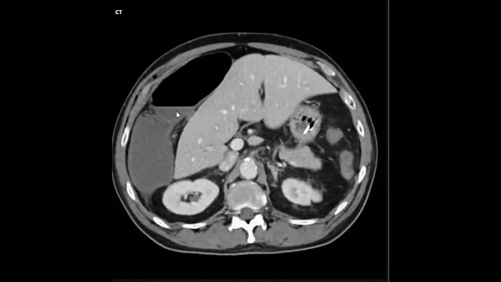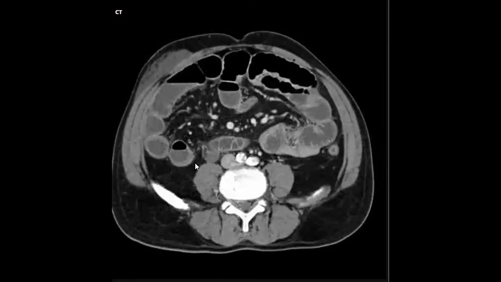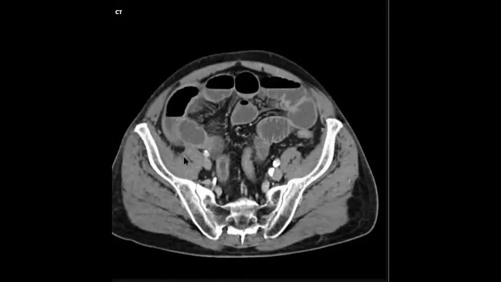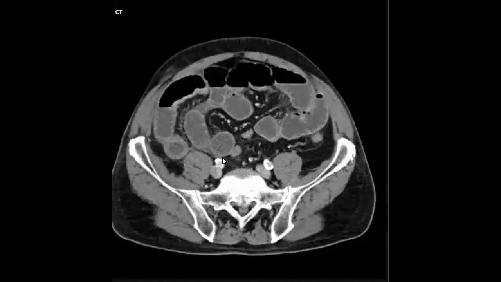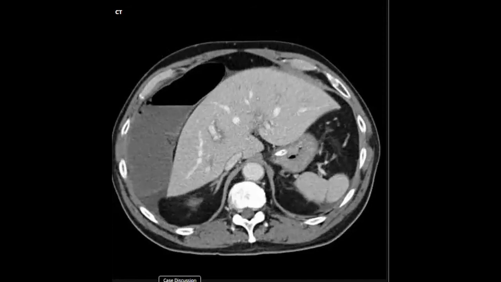Yes, in the colon, the right side of the colon, you can see the volvulus here. So there is a right upper abdominal bowel loop, and after that happens the small bowel dilatation. So this is what's called cecal volvulus.